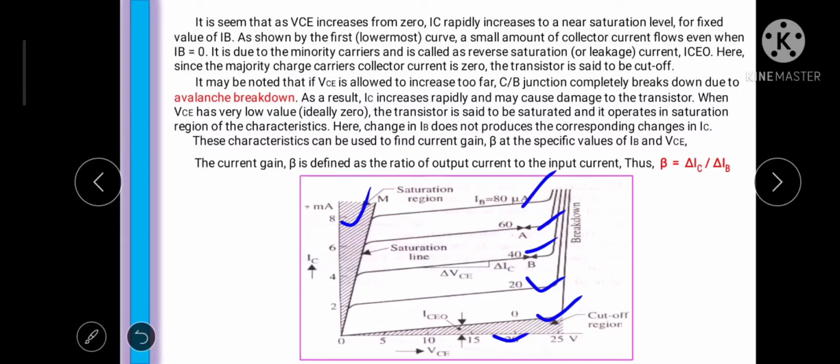And the region in between these two regions, from saturation region to cutoff region, is called the active region. In most applications, the transistor is always used in this active region. And in a few switching applications, it is used either in saturation mode or in cutoff mode.